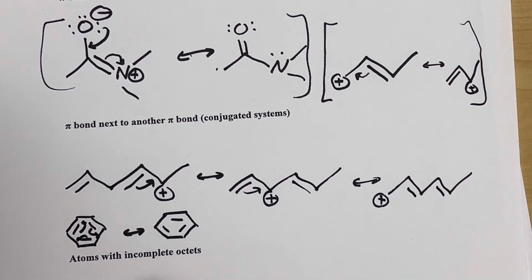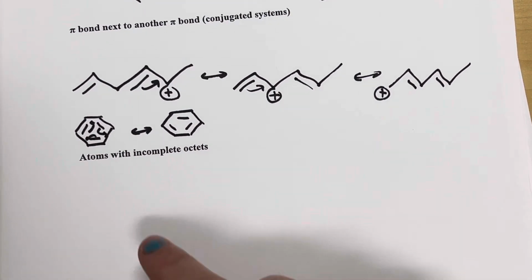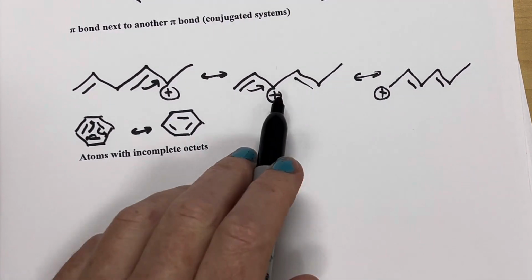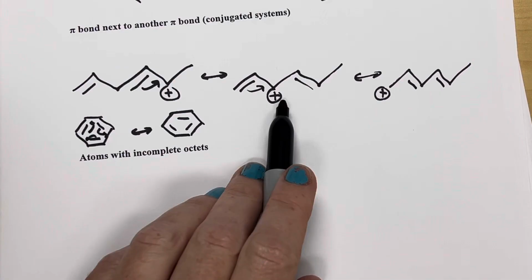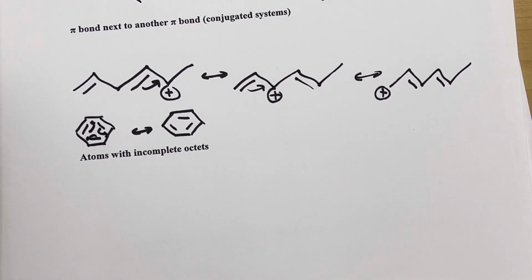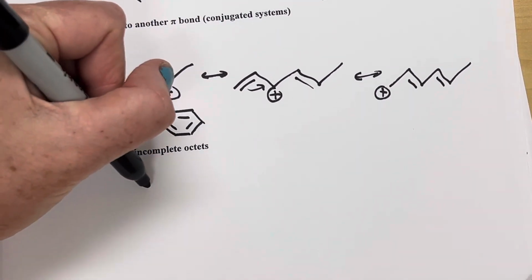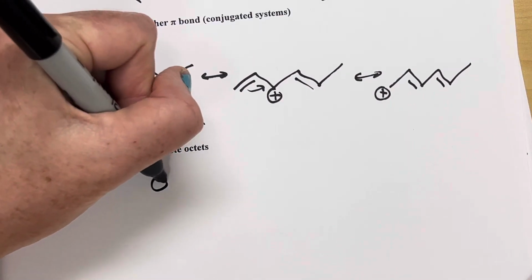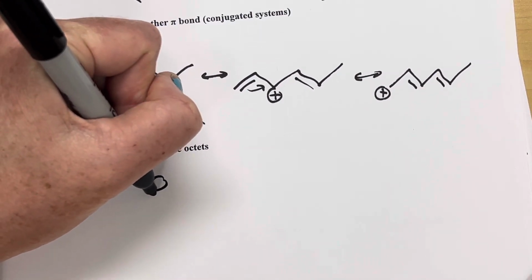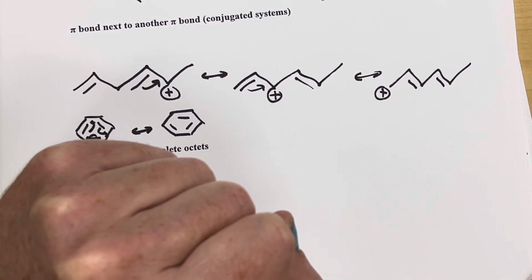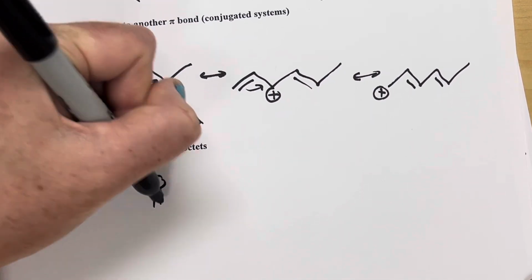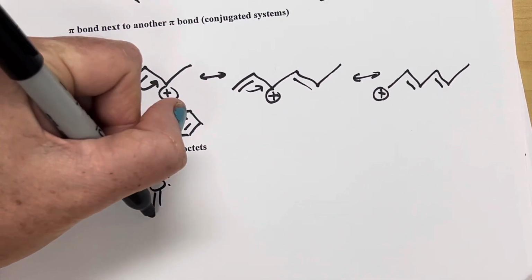And then last but not least, if we have atoms with incomplete octets, the most common of that would be a carbocation, which is a positively charged carbon. Let's see if we have something like this.